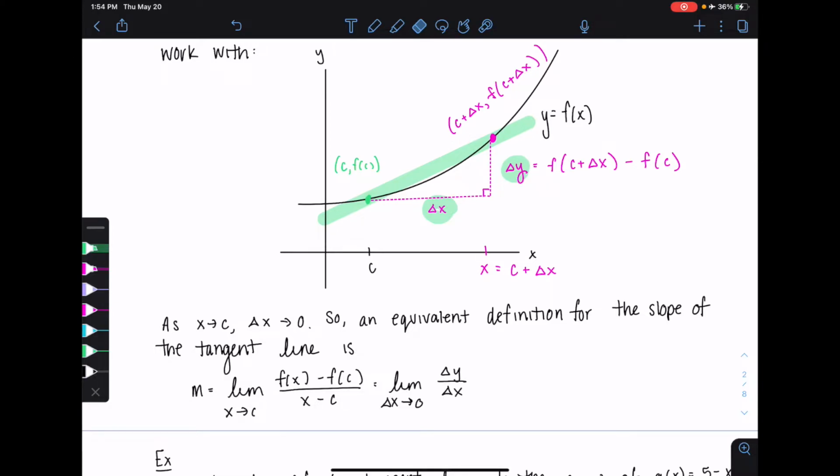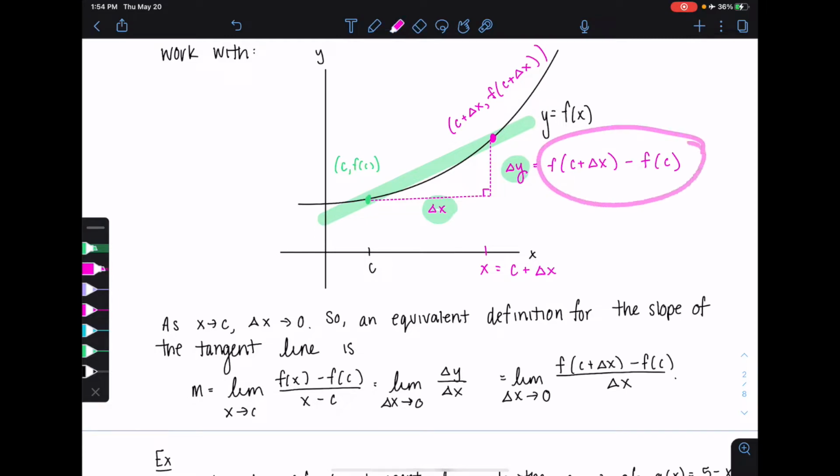So it's the limit as delta x approaches 0 of my change in y over my change in x. But all that is in terms of the function is the difference in these y values divided by the difference in the x values, so that delta x. Okay. So this is another equivalent expression.